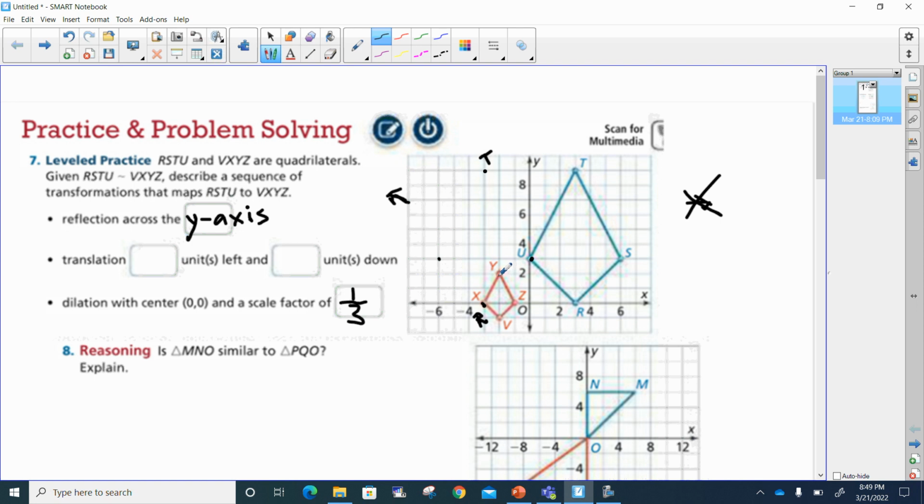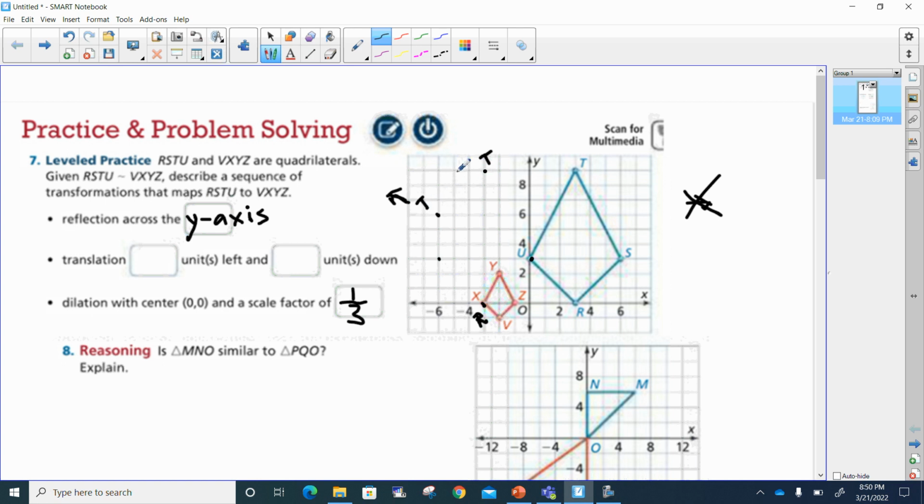I need to look at these coordinates here and see when I multiply them by 3 where I'm going to end up. So this is 2, -2 and 2. -2 times 3 is -6. So that means y would have had to be here, right, on -6. And if it's at 2, it's going to have to be also at 6. So 6 and -6. That means my new T is going to be over here somewhere.